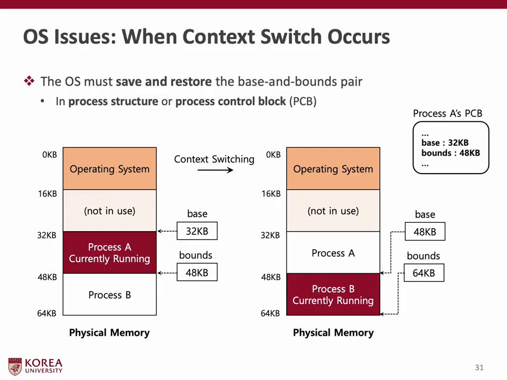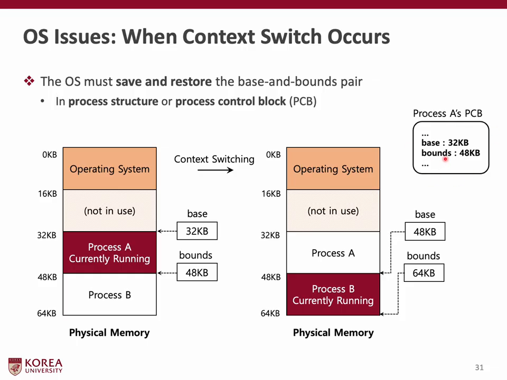For example, on the left side of this figure, process A is currently running, and its base and bound registers are set to 32 kilobyte and 48 kilobyte. And when a context switch happens, then the operating system saves these values into process A's PCB structure, like this part.